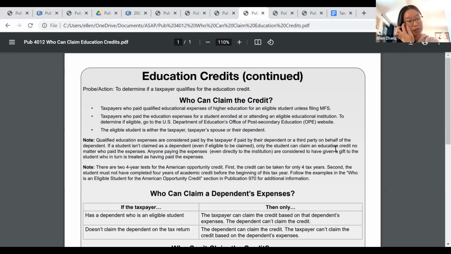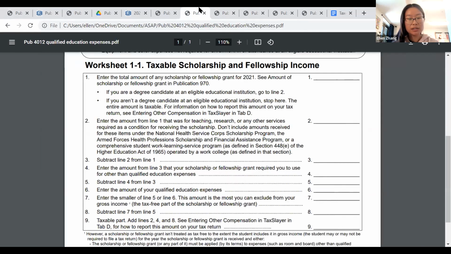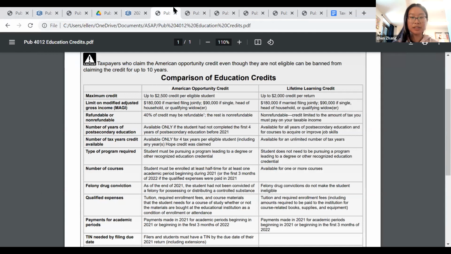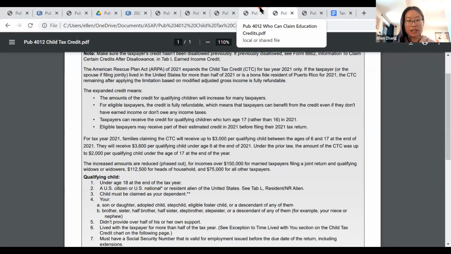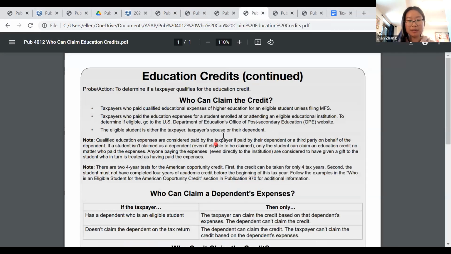All right, so first, let's figure out if any of them are eligible for the American Opportunity Credit. Or sorry, we should probably start off with the easier one first, which is who can claim the credit?